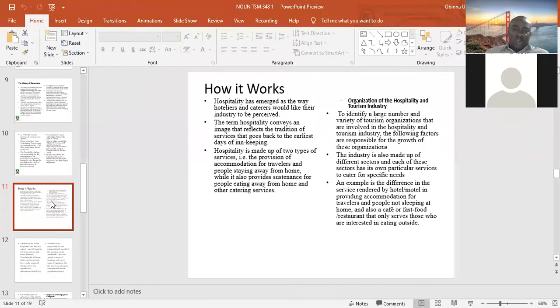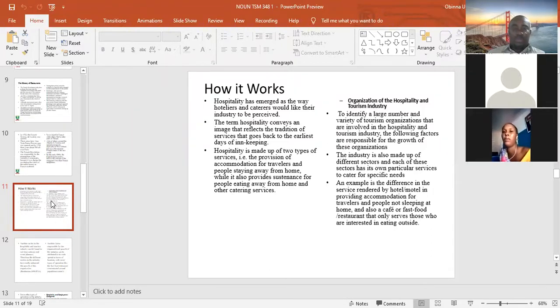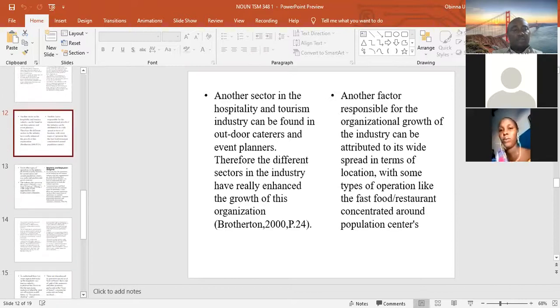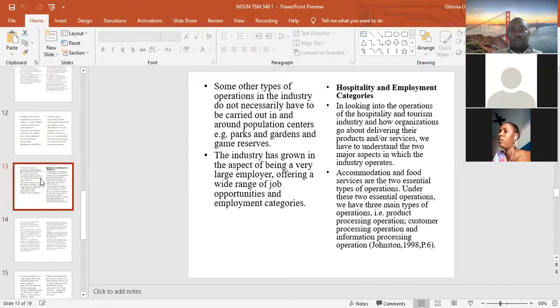We also understood the organization of the hospitality and tourism, where we look at the factors that are involved in the industry, getting from the fast food, the restaurant, the outdoor caterings, to all the necessities needed for the parks and recreations.